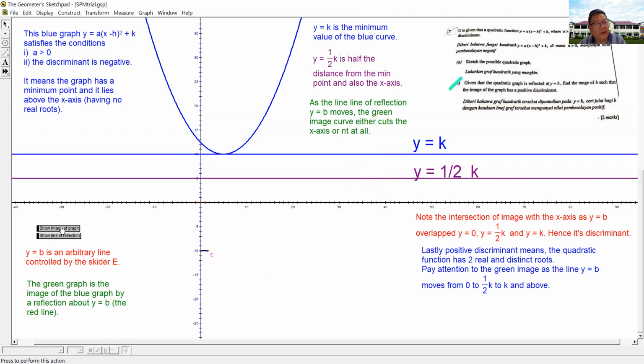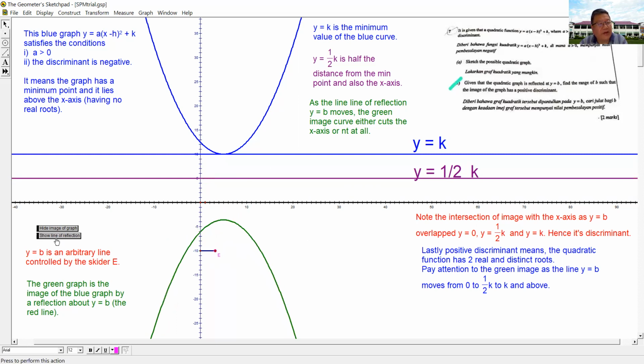Okay, so we look at another one. The graph is reflected at the line y equals b. So this is the line. This green curve is the image of the blue curve. How do we get this green curve?